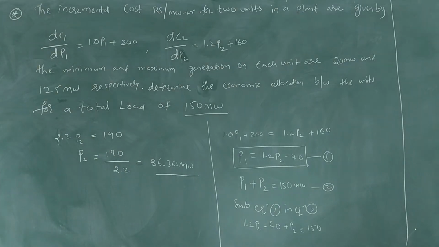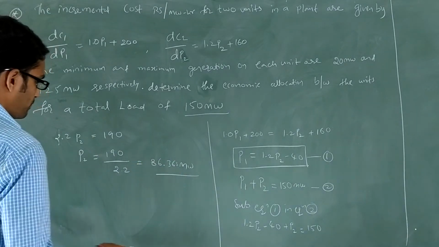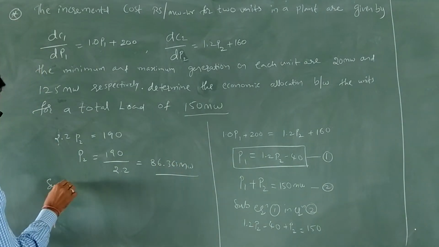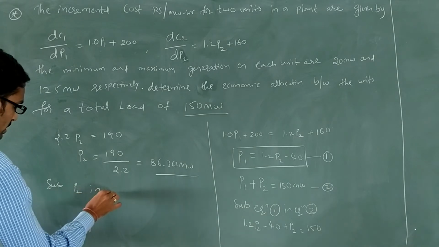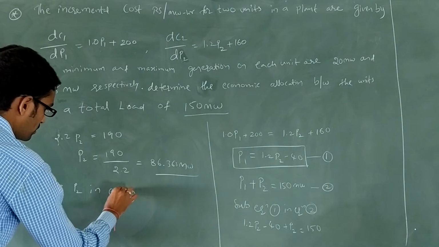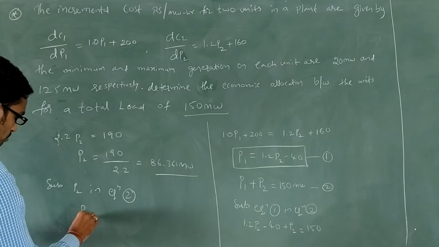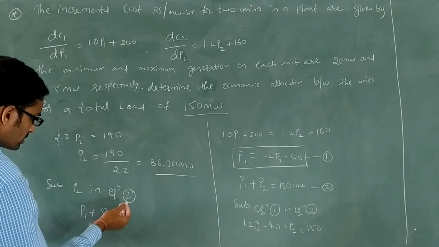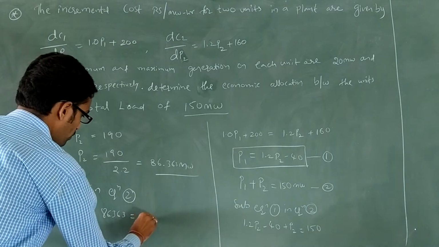P2 value is 86.363. Now substitute this P2 value in equation 2. That means P1 + 86.363 = 150.